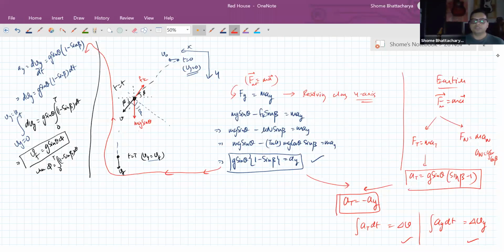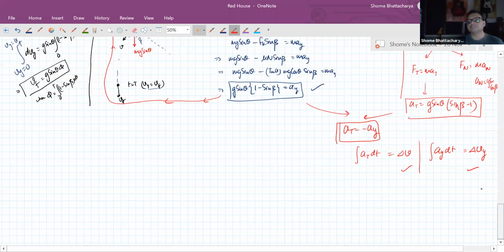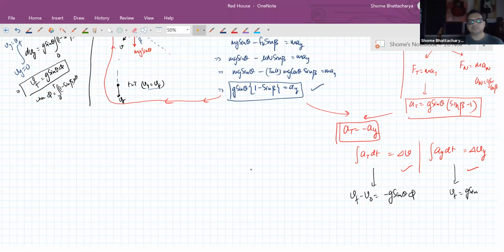Let's go back to the earlier equation. It was giving me V final minus V naught is minus g sine theta into phi. And the one I've just solved gives me that V final is g sine theta into phi, where phi is that complicated term.